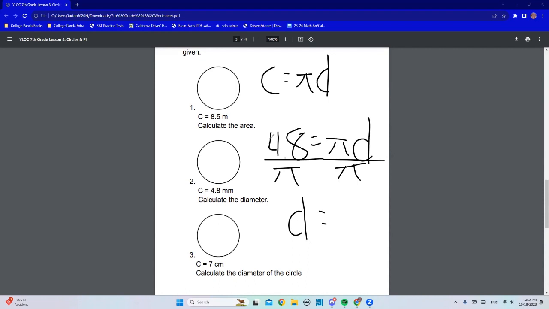So 4.8 divided by 3.14 would get you a diameter of 1.53 millimeters. This could also work if you do 2 pi r. If you divide both sides by 2 pi, you get the radius. And since the radius is half of the diameter, you just multiply the radius by 2, and you should get the same answer as this.